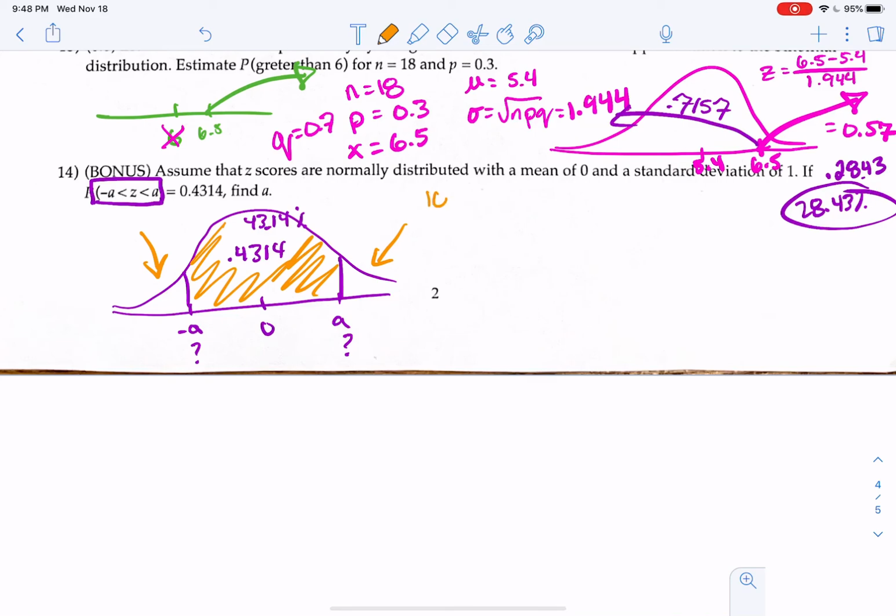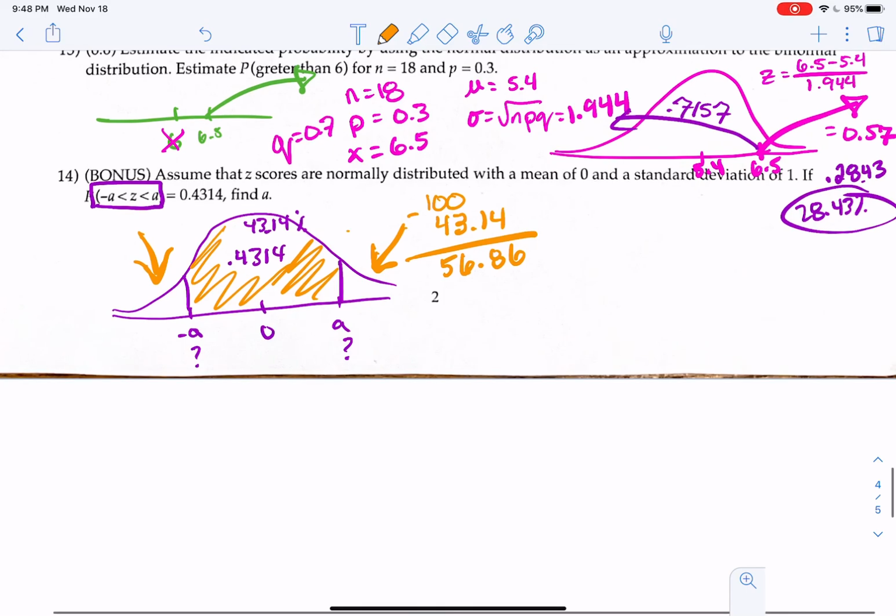So if I take 100% and I subtract 43.14%, that's going to be 56.86%. So these two regions here add up to be 56.86%. If I divide 56.86% by 2, each one of these is going to be 28.43%. Okay? That's what lives inside of each one of those.